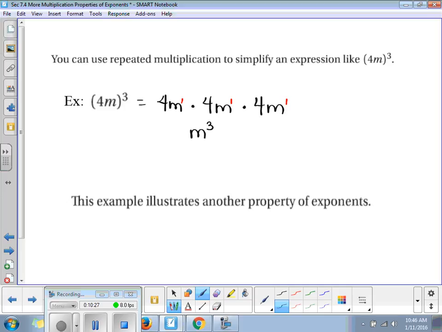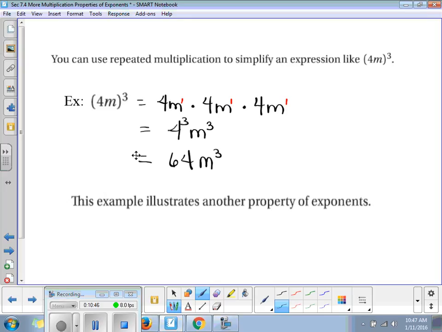What do I do to the fours? You multiply the coefficients. So this is going to be also 4 to the third power, right? When you simplify this, you're going to get 64m to the third power.